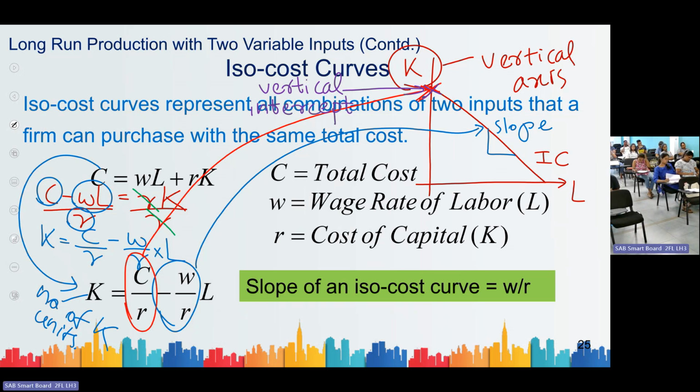It is C over R. That is the value of K when L is 0.